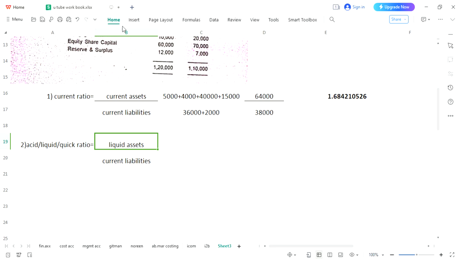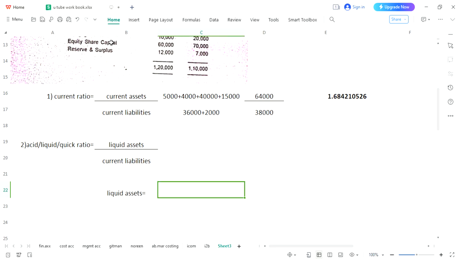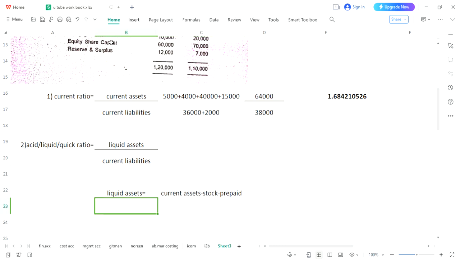Liquid assets formula is very clear. There are two ways to make liquid asset. First is to see liquid assets by subtracting stock and prepaid from current assets. So we can take current assets, subtract stock and subtract prepaid. You will get your liquid assets.